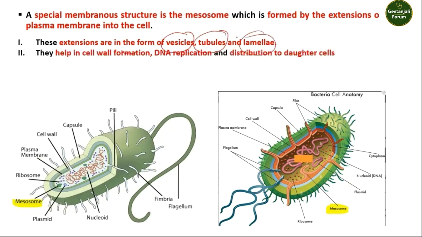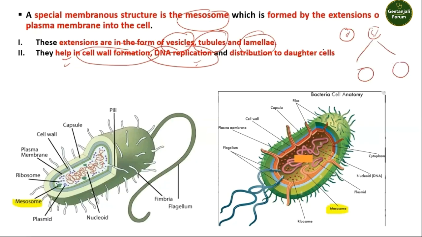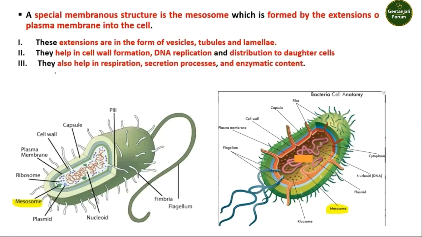Mesosomes perform some function in the cell. It helps in cell wall formation, DNA replication. When the cell divides, DNA also gets divided, and the two new cells which are formed by division, how DNA will be distributed inside these new cells, mesosomes help with this also. Apart from this, mesosomes help in respiration, secretion, and enzymatic content.